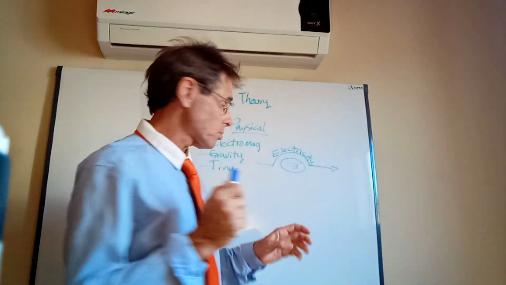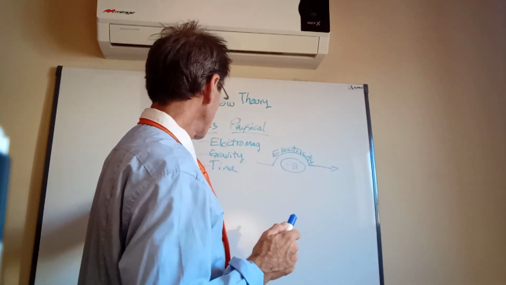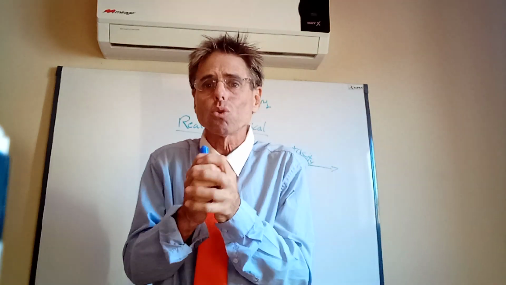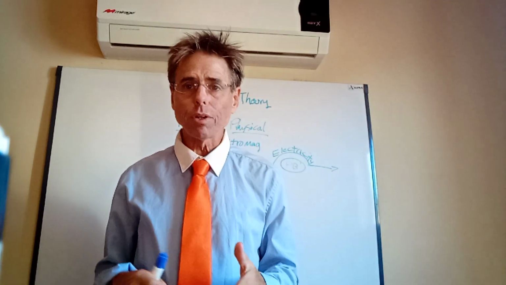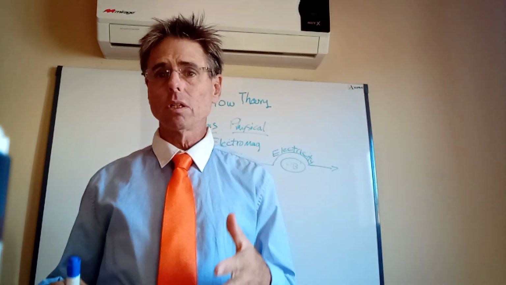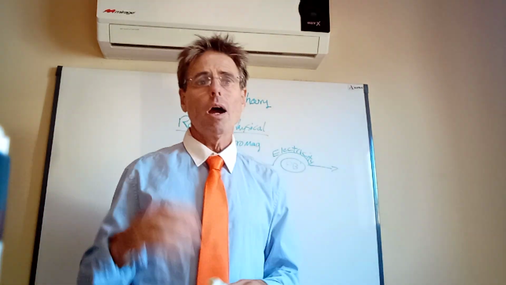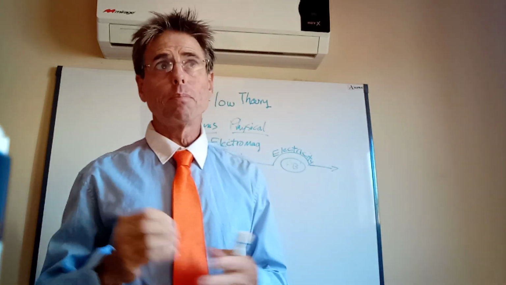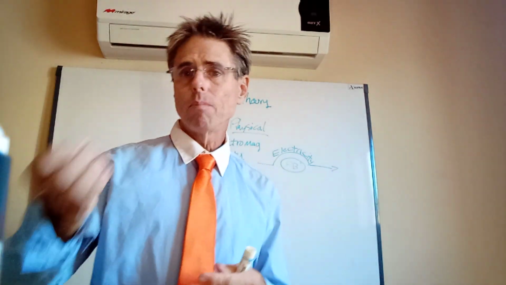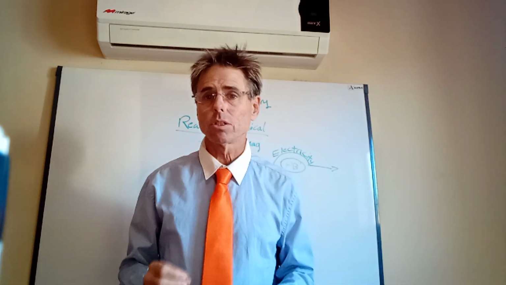Now, that's really the central core theme that differentiates flow theory from other existing theories. I'm not going to try to quantify gravity in this realm, because gravity does not exist in this realm.